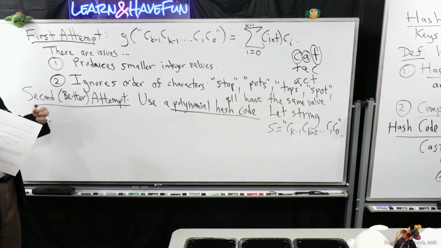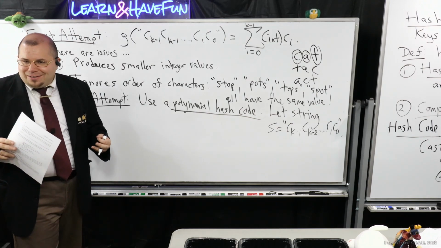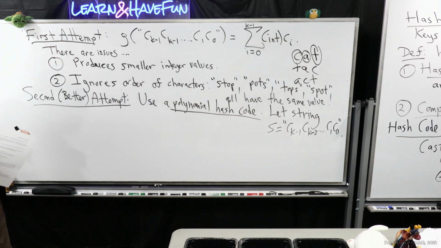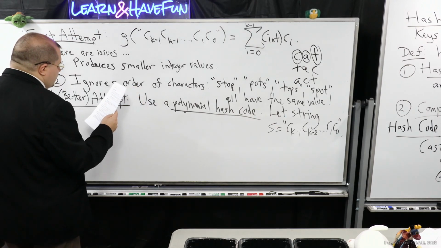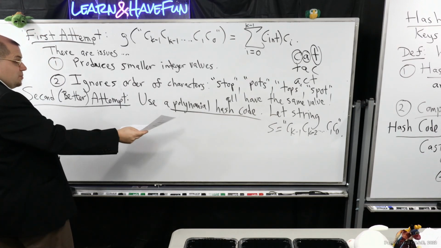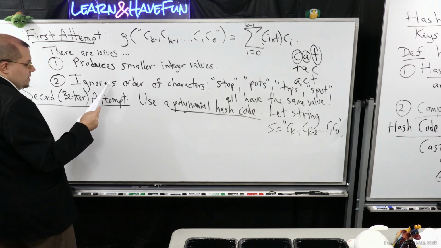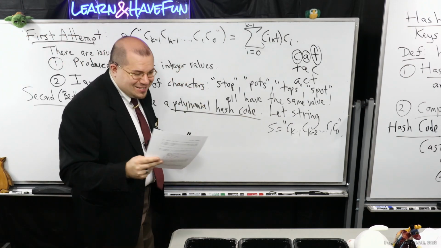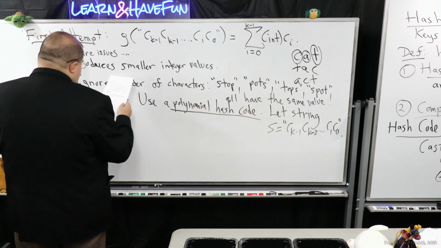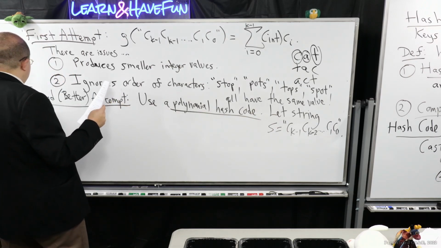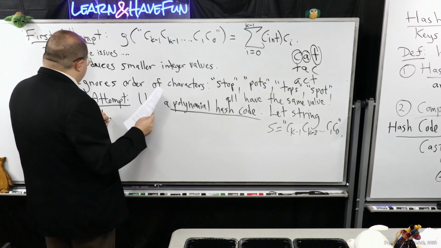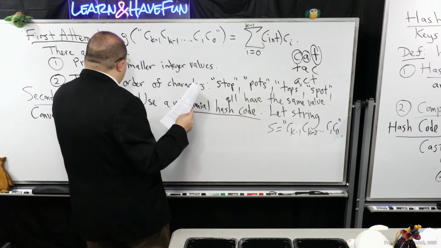When you're actually implementing what we're going to do here, this will be much simpler if you think about it later on. I'll advise you to think about it a little bit further. You take each one of the characters, you convert it to what? An integer, right? So convert each character to an integer.